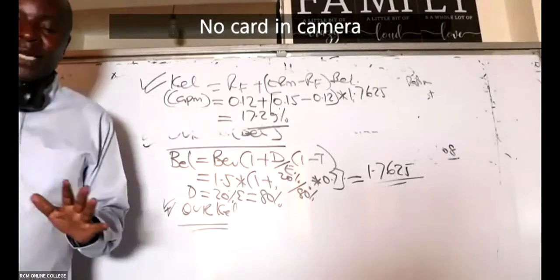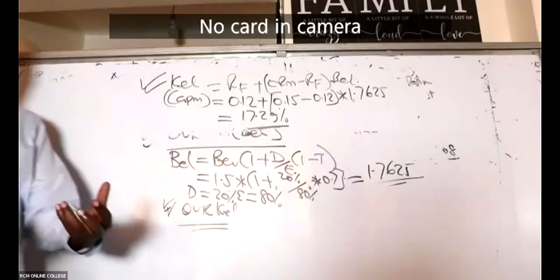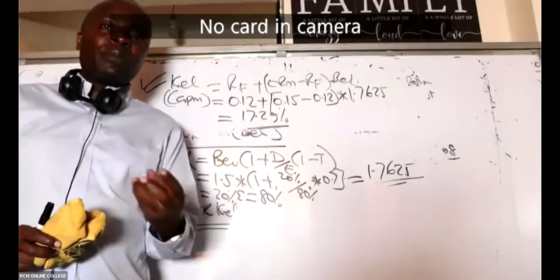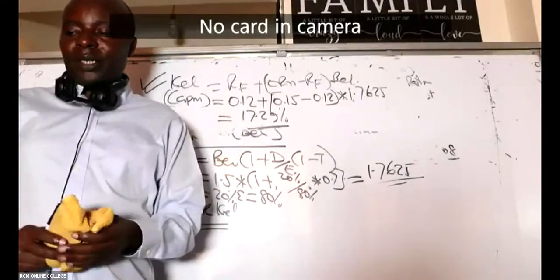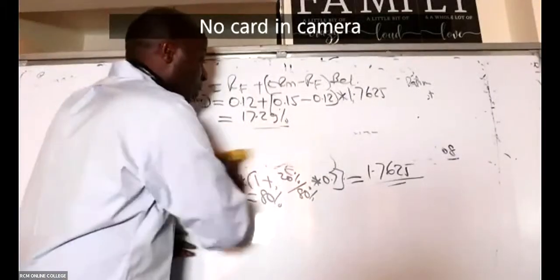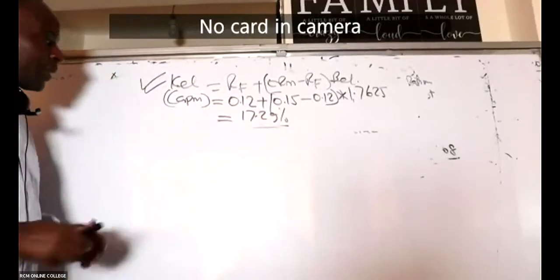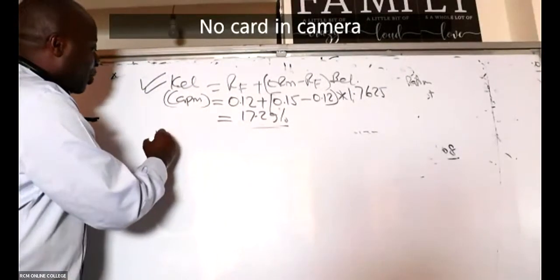All right. So what do you think will be the last step after getting this Ke? Because they wanted us to give them the suitable discounting rate. Yes, they want us to give them WACC.